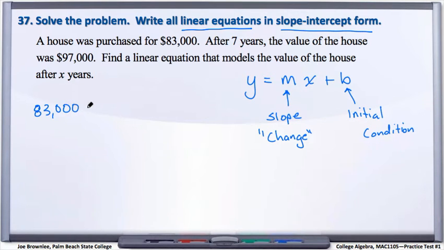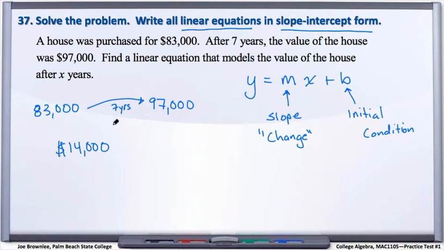And after 7 years, the house is now valued at $97,000. So how much of an increase, first of all, is $83,000 to $97,000? Well, that's an increase of $14,000 total over that 7-year period.